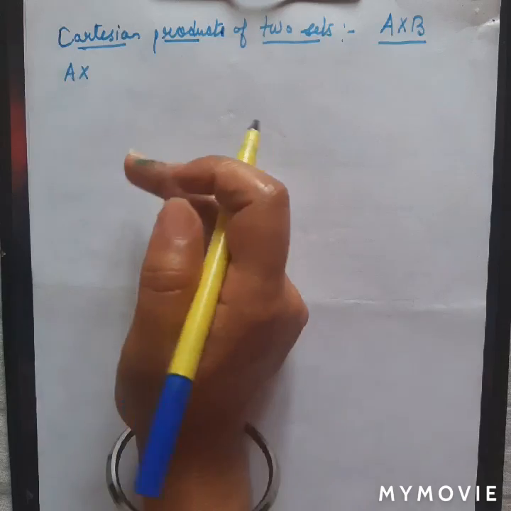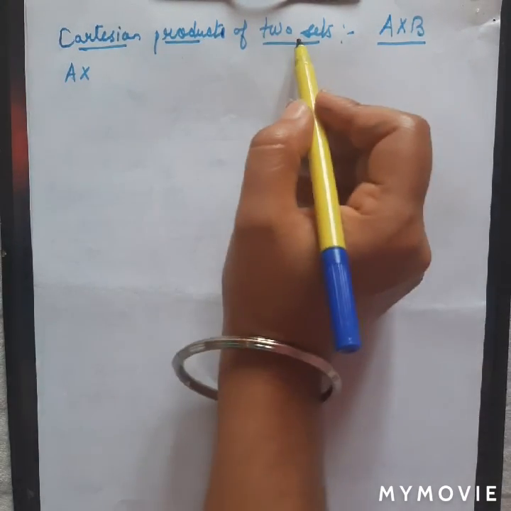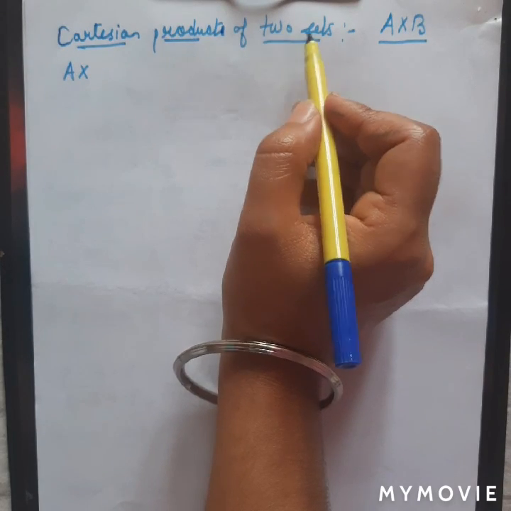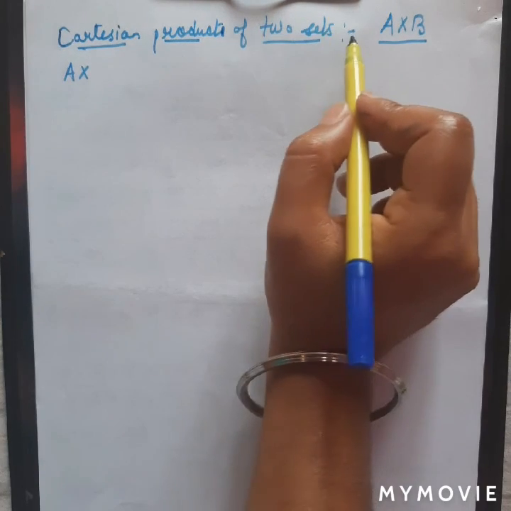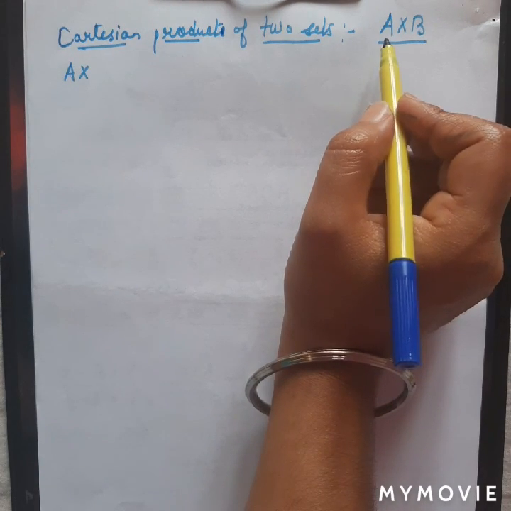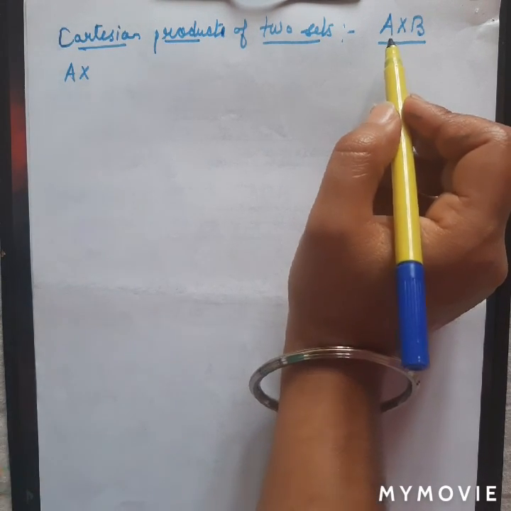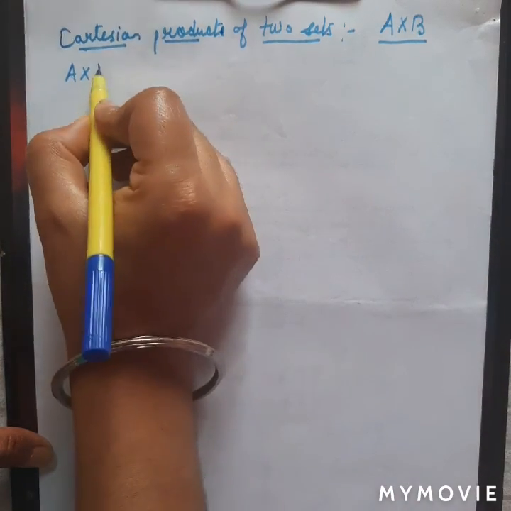Fine. Now we will consider the Cartesian product of two sets. Let two sets be A and B, then the Cartesian product of the two sets will be represented by A cross B. And how will we define this?